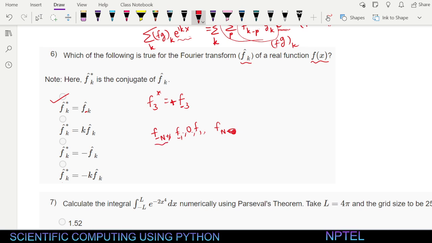You don't really need these terms because the information of this is already contained in these terms. So if you have in total m terms, then you just need half of the terms plus 1, this endpoint. This is why when you do a real Fourier transform in NumPy, you have half plus 1 as the length of the array.